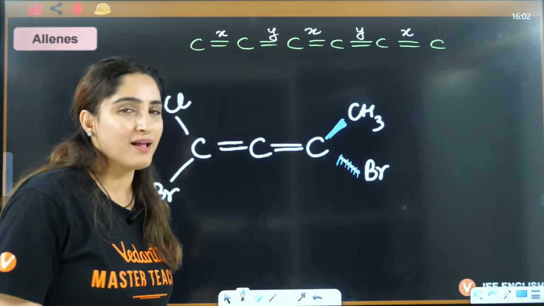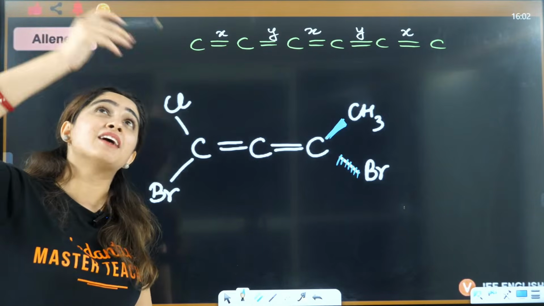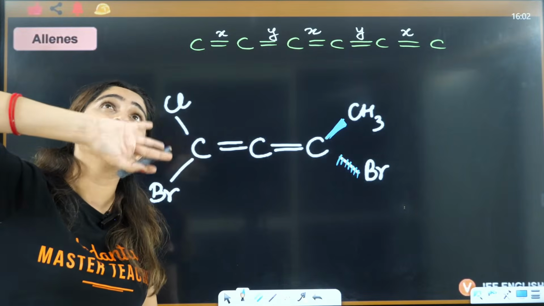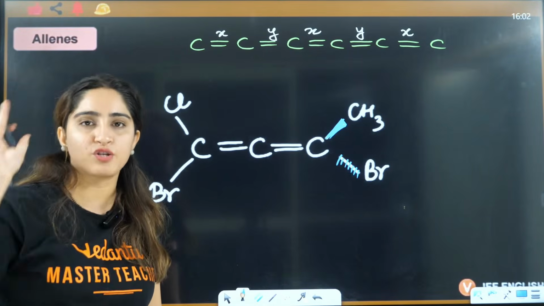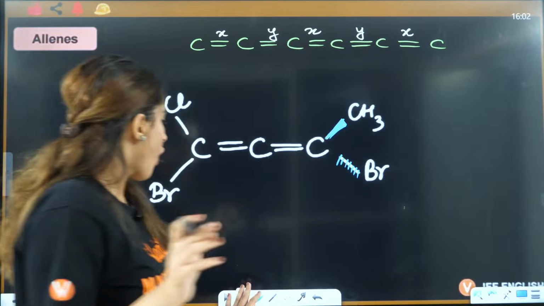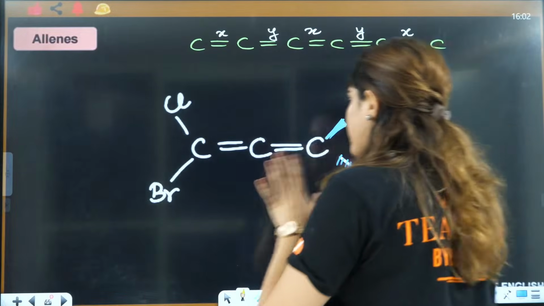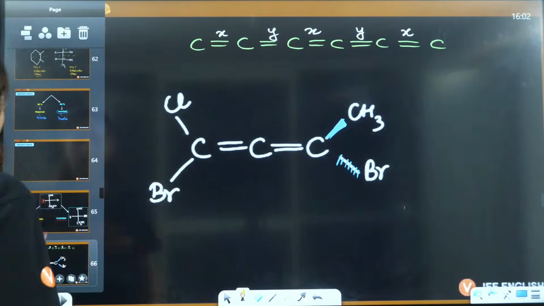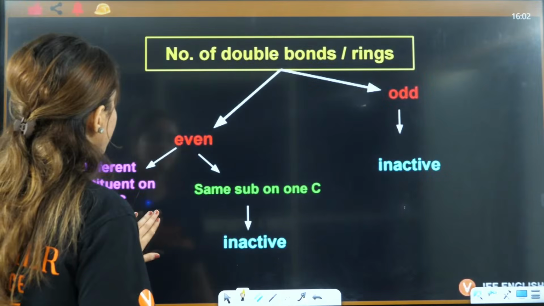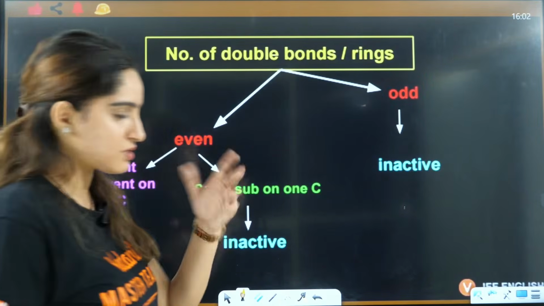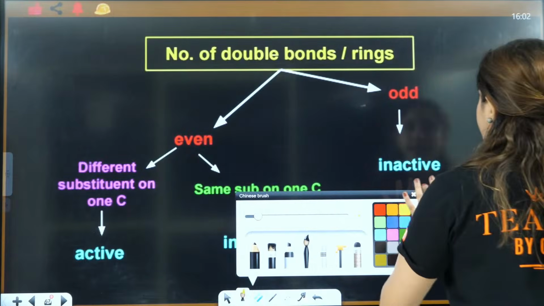Now see, either you can imagine all of that, right, or in allenes what we will simply do is just remember this particular part here. Just remember this, and trust me, most of your questions, 100% you will answer correctly.